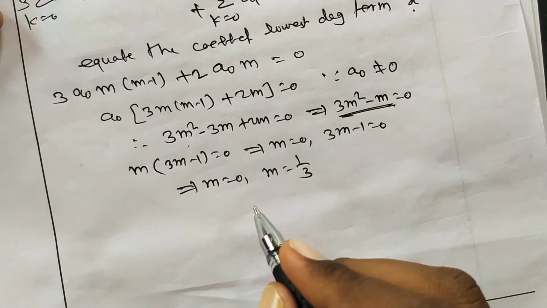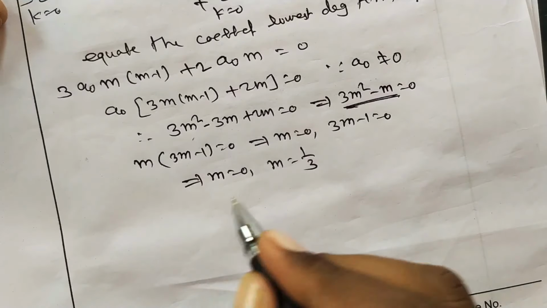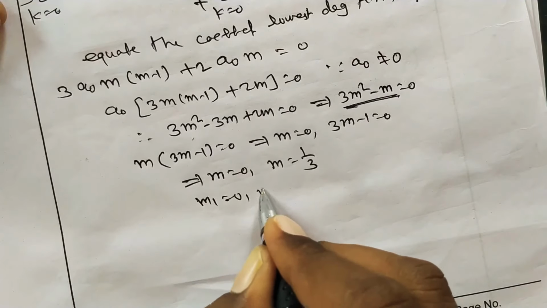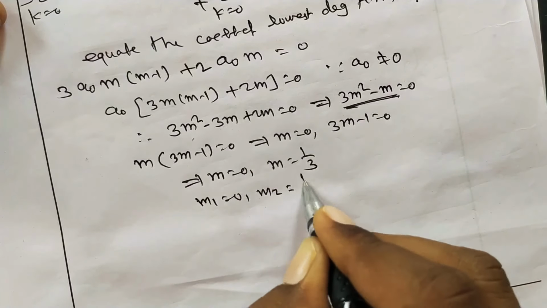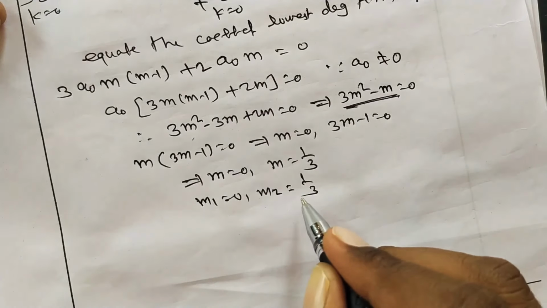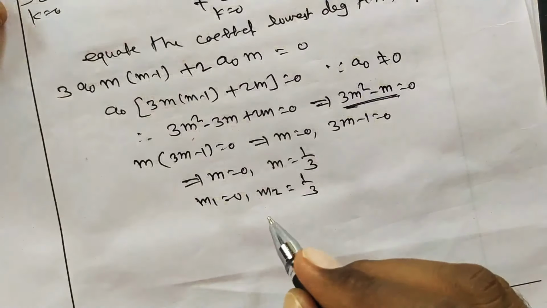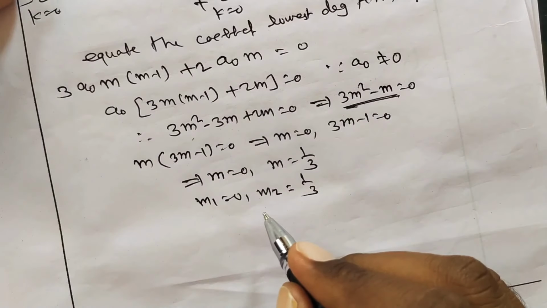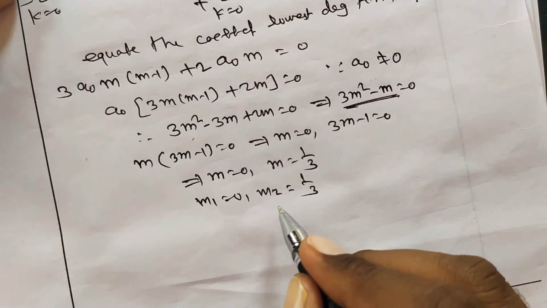Now we have to find the nature of the solution. So which case is applicable here? The first root is m1 equal to 0, and the second root m2 is equal to 1 by 3. So the roots are distinct and not differing by an integer.